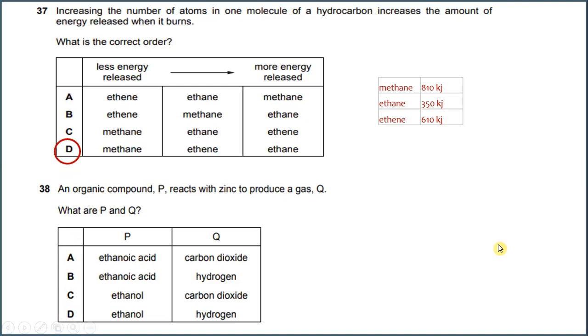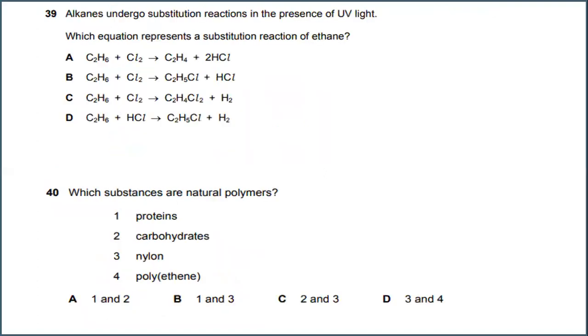An organic compound P reacts with zinc to produce a gas, Q. So what do you think is the answer for this? What are P and Q? So the answer will be P is ethanoic acid and Q is hydrogen. 39. Alkane undergoes a substitution reaction in the presence of UV light. Which equation represents a substitution reaction of ethane?